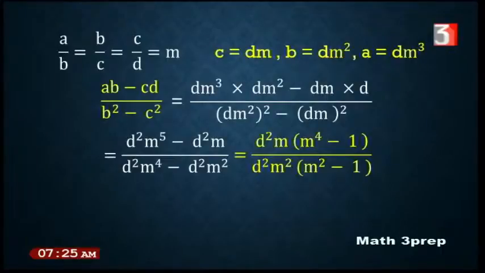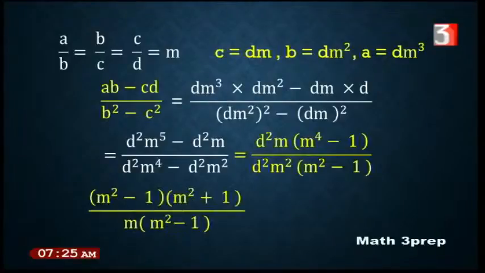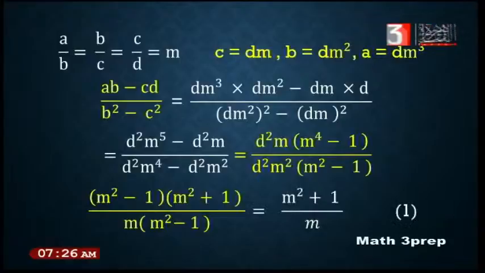By reducing and by making factorization, you are going to notice that, by reducing m to the power of 2 minus 1, the result will be m to the power of 2 plus 1 over m. And this is considered number 1.